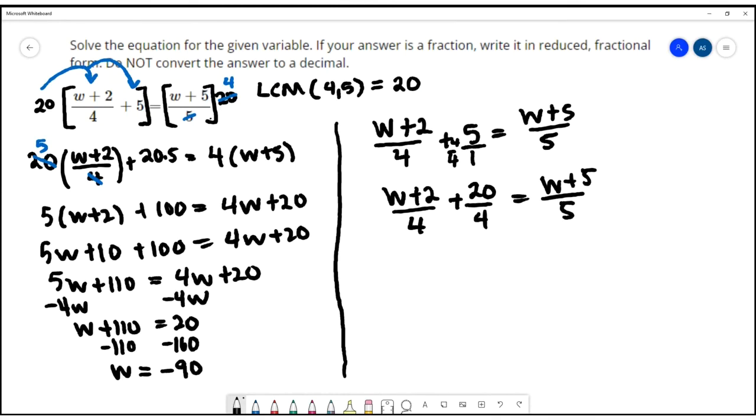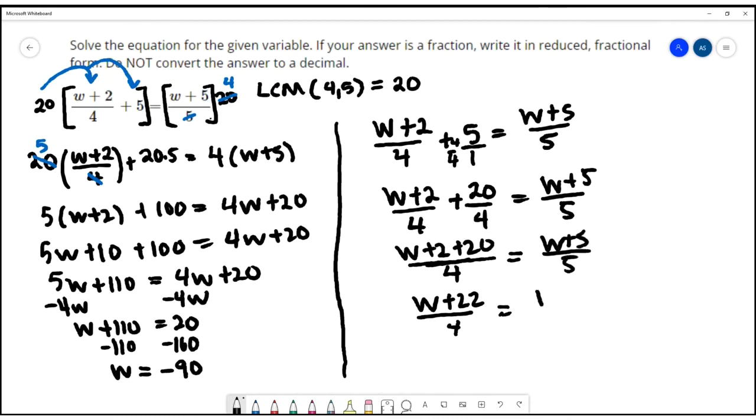Now that I have a common denominator on the left-hand side, I can combine those into a single fraction. That's w plus 2 plus 20 over 4. That's w plus 22 over 4 when we combine like terms. I'm copying the right-hand side down.